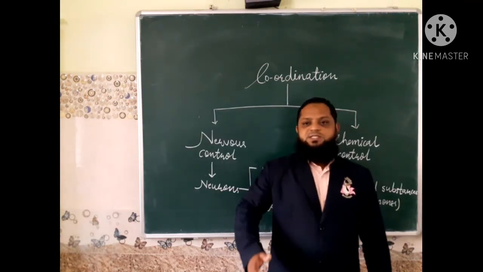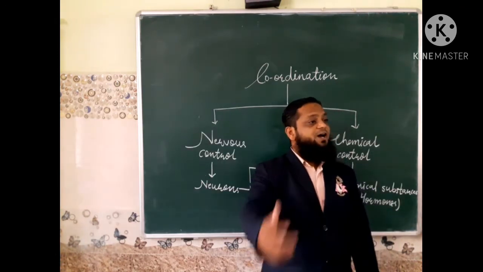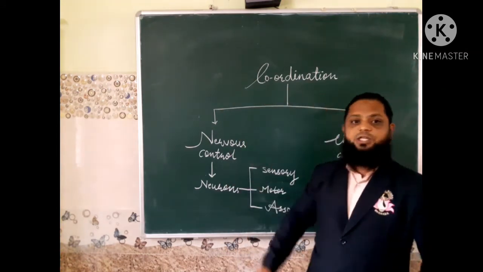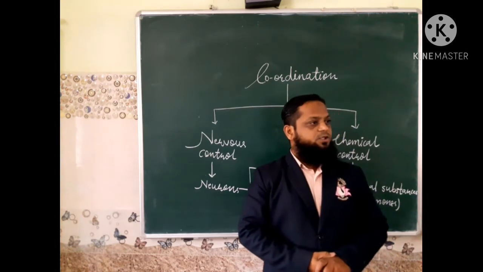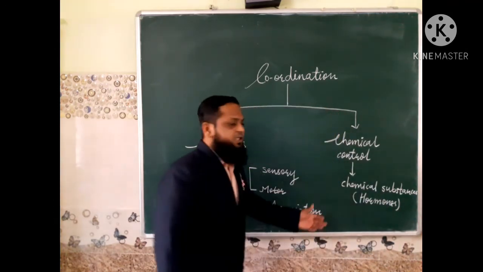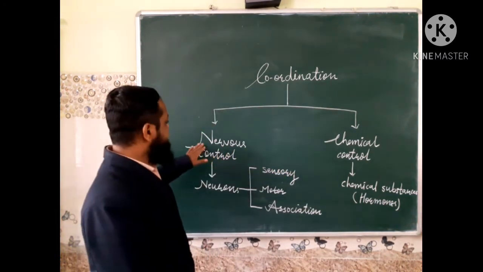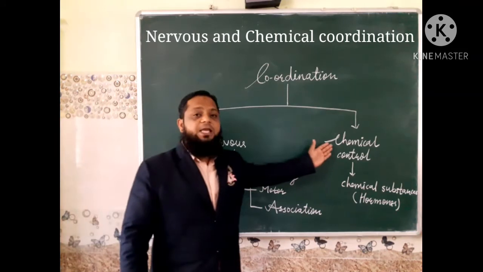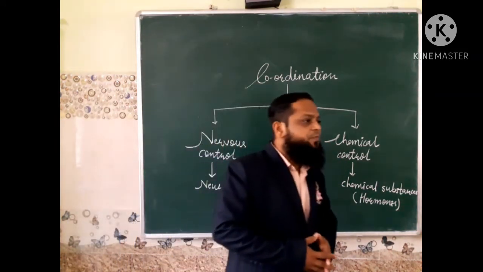My dear students, now we are going to learn about coordination in human beings. Dear friends, coordination is divided into two types: nervous coordination and chemical coordination.